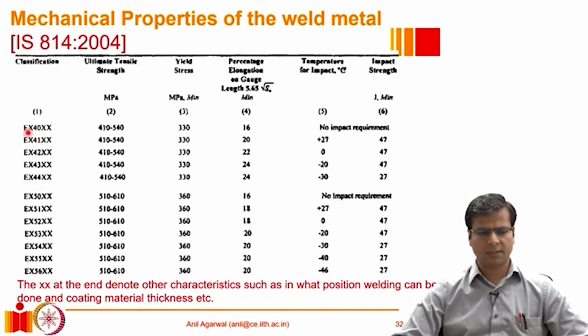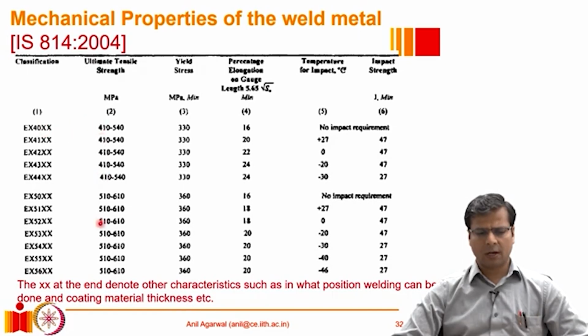What you can see here is E X40 XX. Here, 40 represents the strength and ductility properties of this electrode material, and the last two symbols, XX, will be replaced with other symbols which denote other relevant characteristics that are not so important from a structural engineering point of view, such as in what position the welding can be done and what the coating material thickness is.